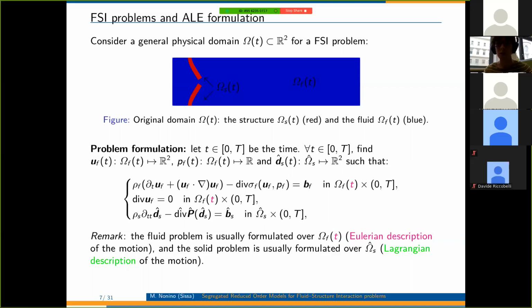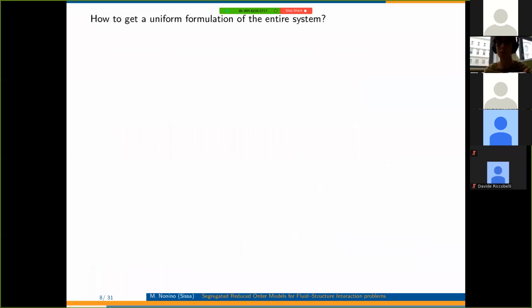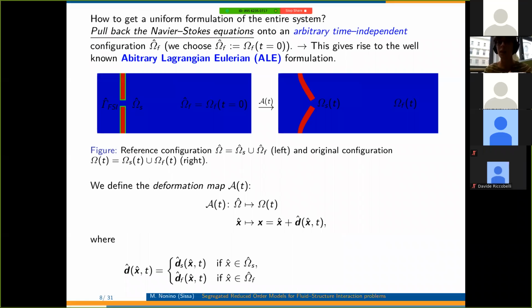So of course the question is, how can we obtain a uniform formulation for the entire system? And the answer is that we can think about mapping the Navier-Stokes equations back onto an arbitrary time-independent configuration.